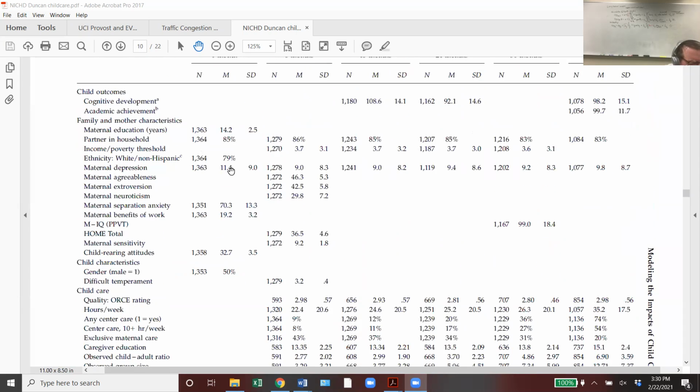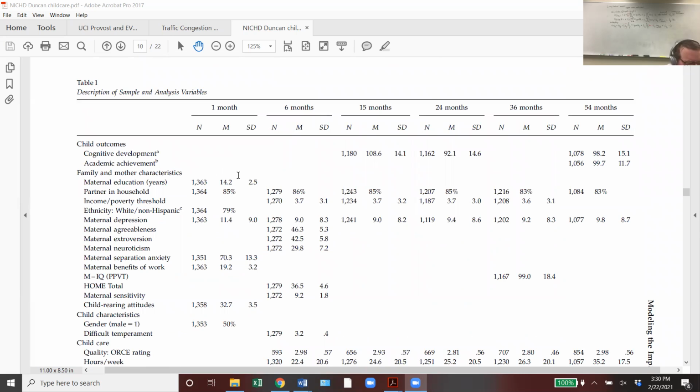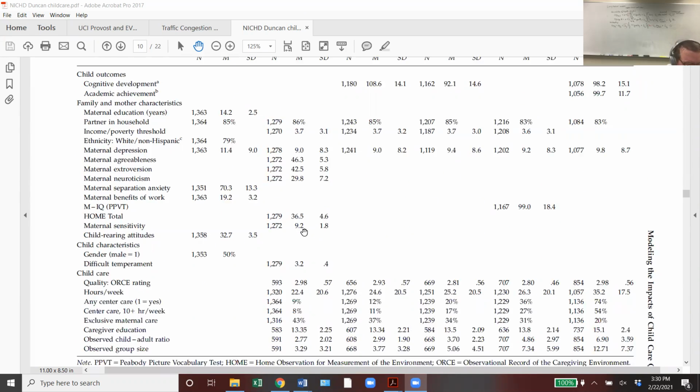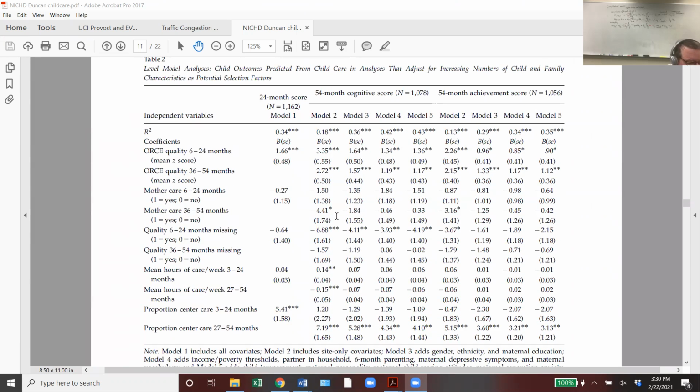And I wish they had presented standardized coefficients, but they don't. So you've got these cognitive scores generally with standard deviations that are around 15 points. So that helps interpret the coefficients. Start out with a level equation at 24 months.